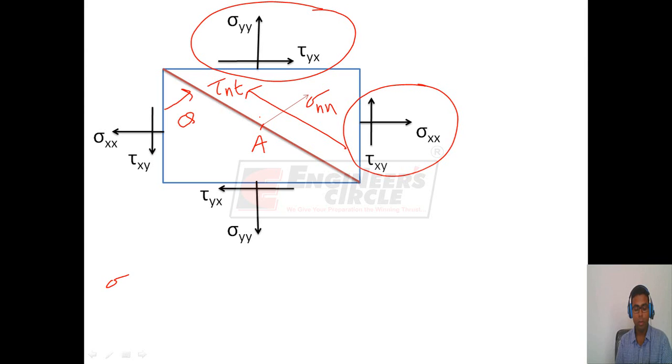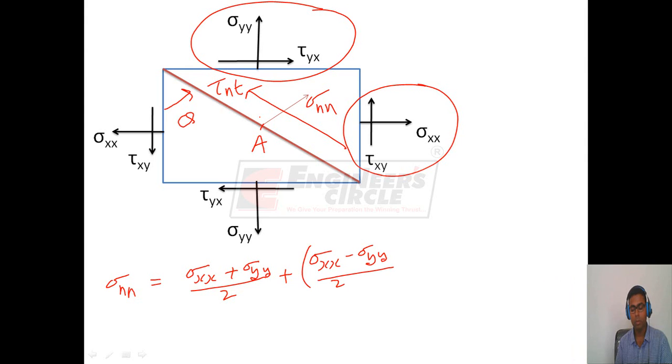We found that the normal stress on any plane passing through point A can be written as (sigma xx plus sigma yy)/2 plus (sigma xx minus sigma yy)/2 cos 2 theta plus tau xy sin 2 theta. Now, by varying this angle theta, we can find the normal stresses on various planes passing through point A.